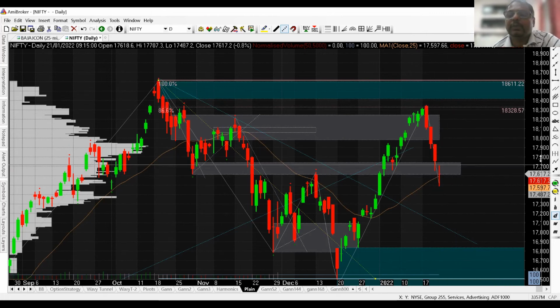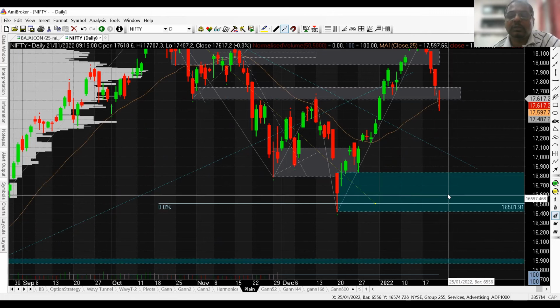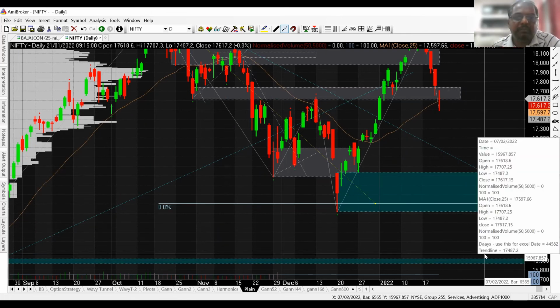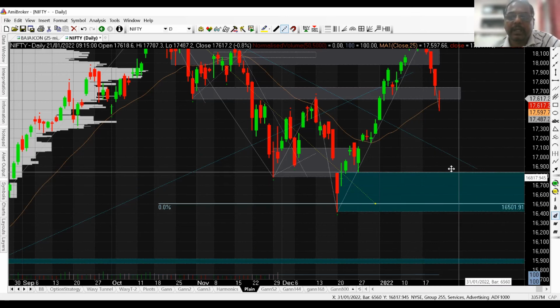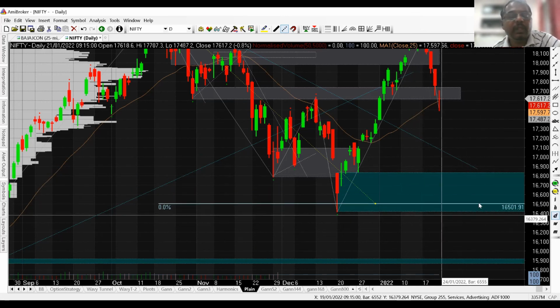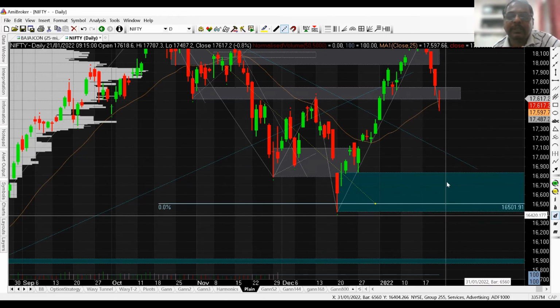We will see if this level 16,400 gets crossed with a gap, with a big candle, major selling around this area. So this daily demand area becomes very, very crucial. If you see gaps around here, let's see how.